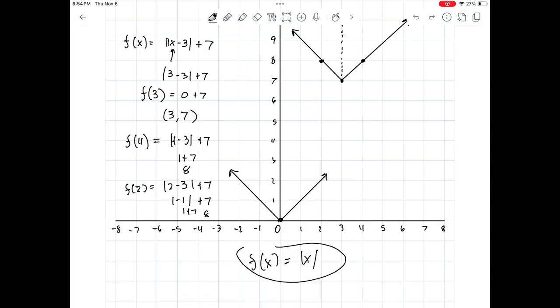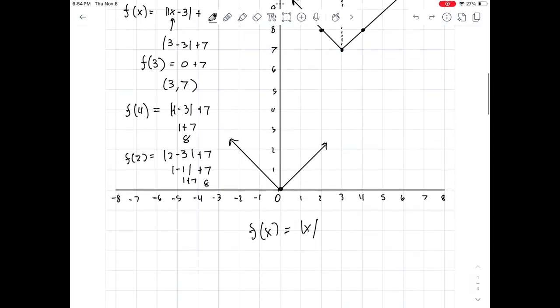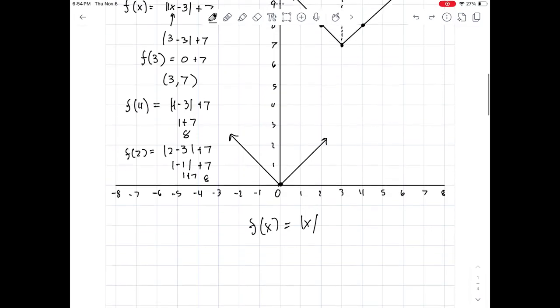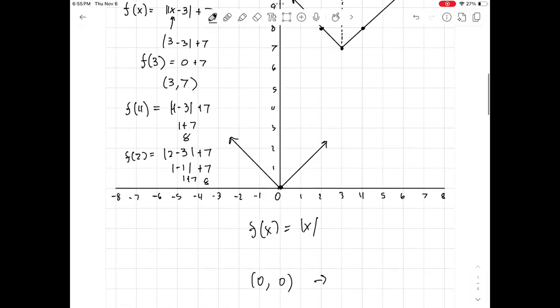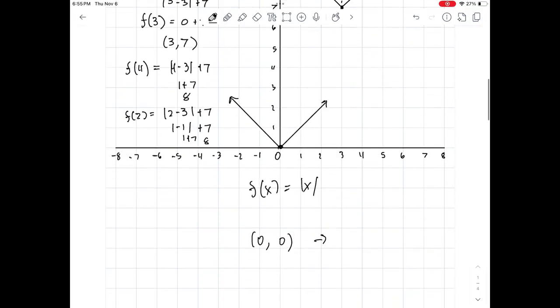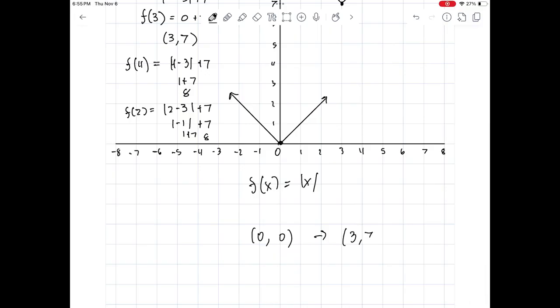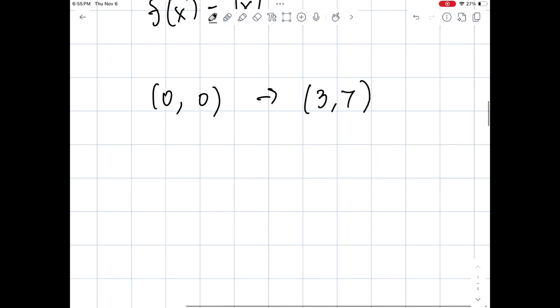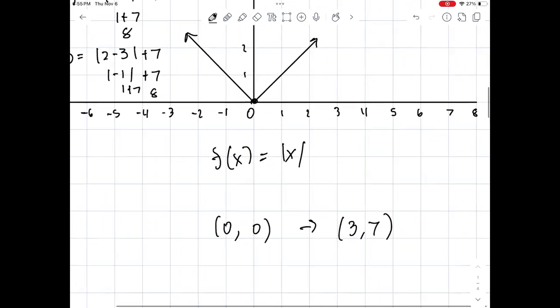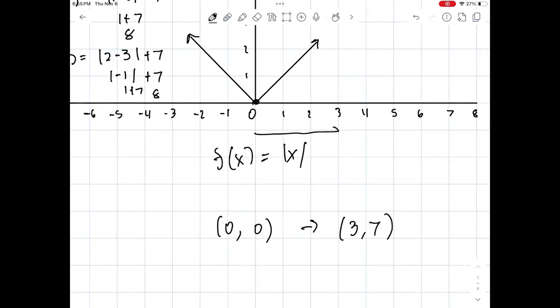So I think probably the easiest way to think of this is to compare our origins. So we have 0, 0, and then, of course, our new vertex, which we found just before, 3, 7. So just comparing these values, the x increased by 3. So if we think about this as a number line, we moved to the right 3.